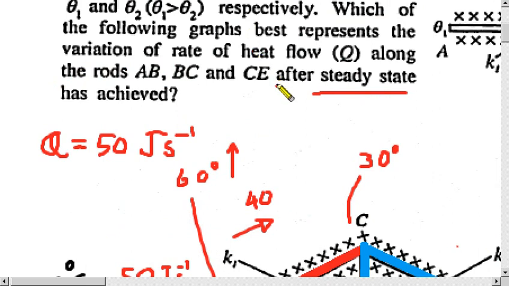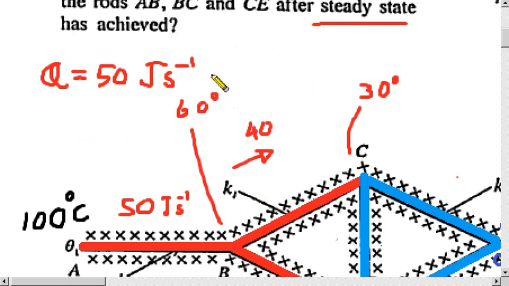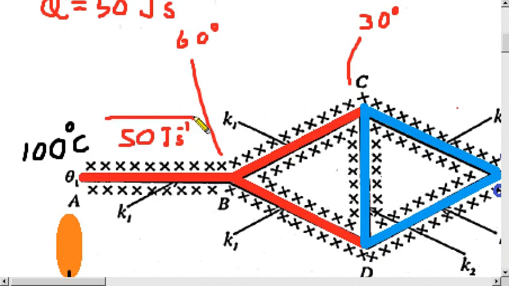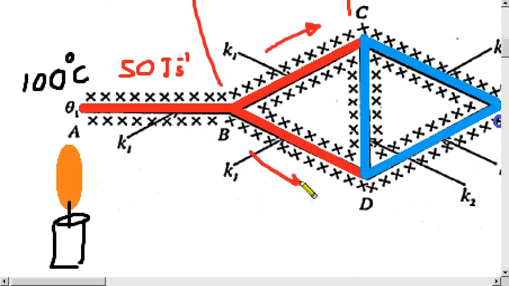But the system has reached a steady state, so this temperature can't go up or go down. Therefore this 40 must be equal to this input rate. But there are two branches. Heat is flowing along this line and along this line as well.